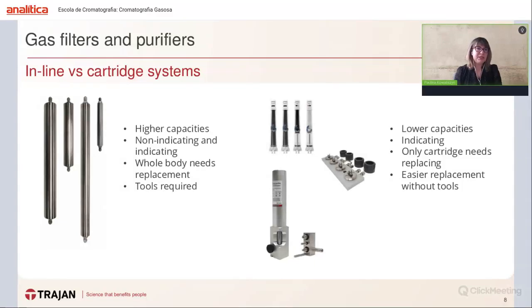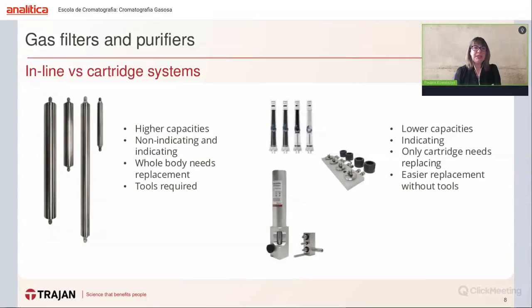The differences: the inline filters usually have much higher capacities. They can be available as indicating and non-indicating. The cartridge systems are always indicating, showing where the filter is depleted.